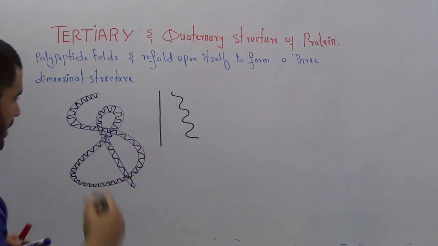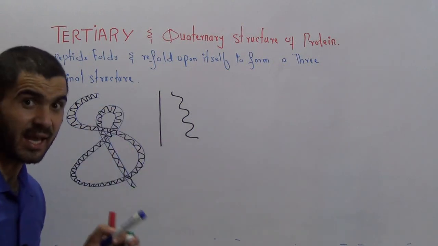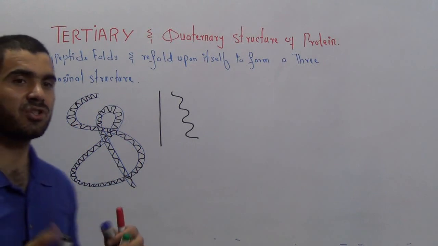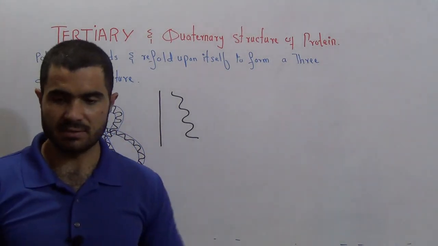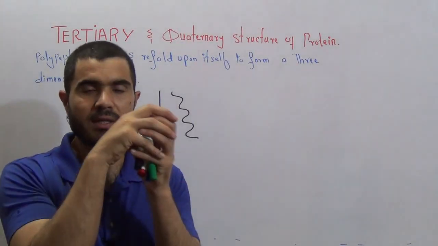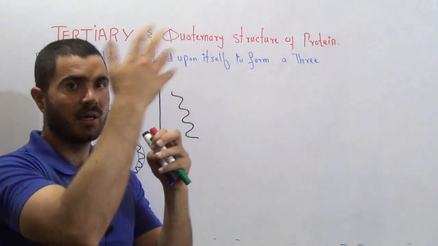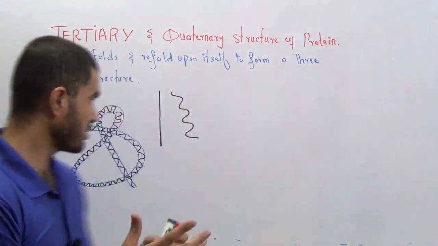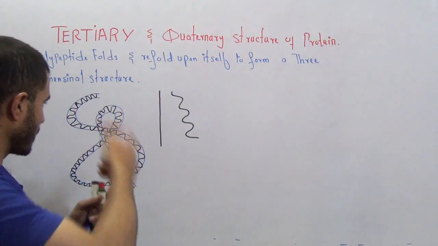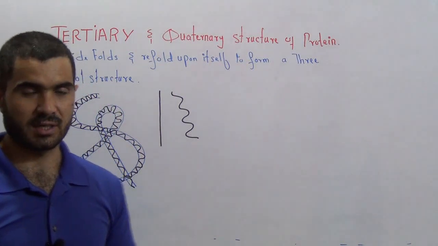So when a polypeptide folds and refolds upon itself, then a three-dimensional structure is formed. This three-dimensional structure will be something like a globular thing that you can see from front, side, back, top and bottom. So a three-dimensional structure will be obtained because of this refolding, and that structure will be called the tertiary structure.